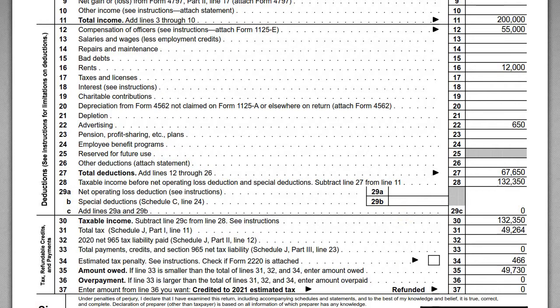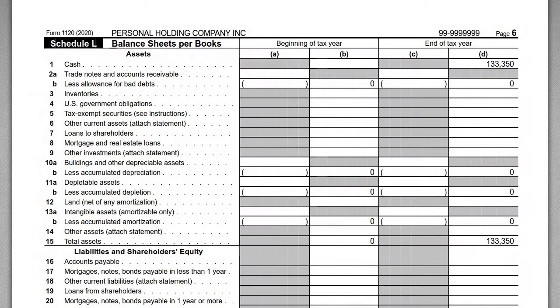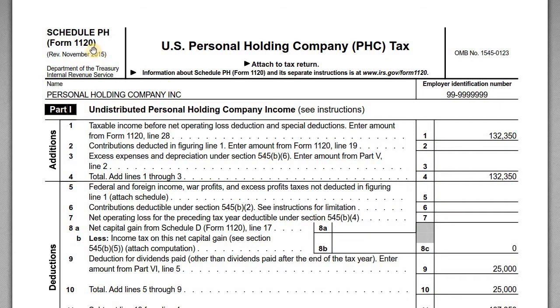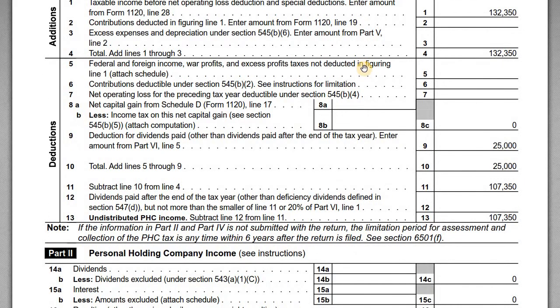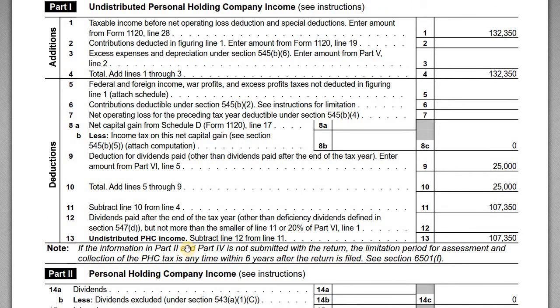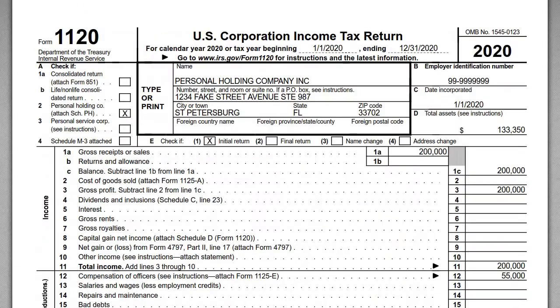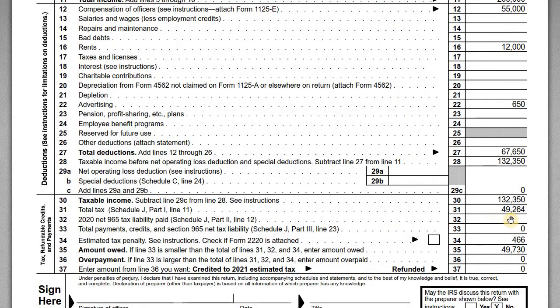So if we look at a PHC schedule here, bear with me. Schedule PH, this is attached when you have a U.S. personal holding company, right? So you have the PH tax computation here. And what this is designed to do is when you have undistributed PHC income, you pay an additional 20% surtax. So that's why when we look at page 1 here, this $49,000 is substantially higher than a standard 21% tax on the net taxable income.